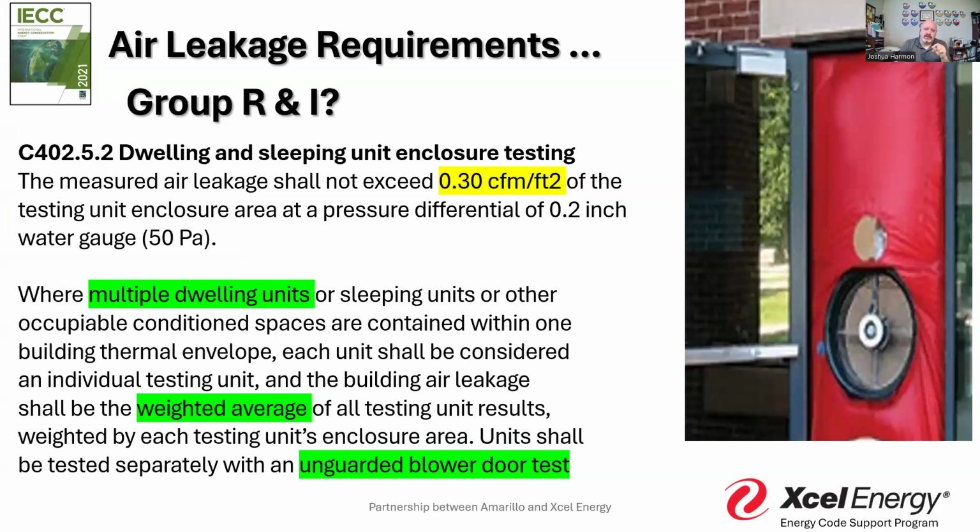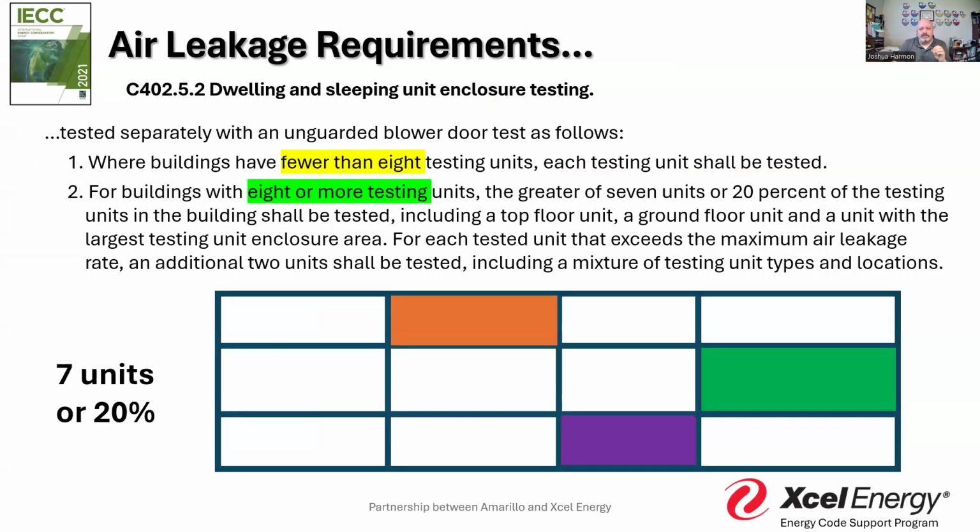And what the code says is that sometimes we understand there might be multiple dwellings in a building, right? If we're doing, let's say, a 12-unit, 3-story, 4 units per floor, we're going to have 12 units being inspected. Then we have 2 options. One, we can test the entire building, right? Set up the whole set. Or we can go through the methodology that allows us to test 20% more, at least, with at least 7 units.